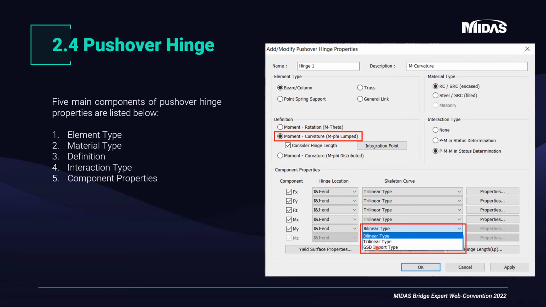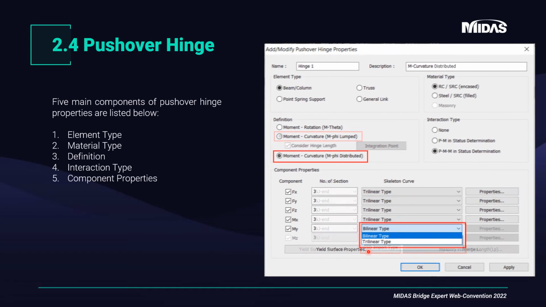We'll see how we can use Midas GSD to import the hinge properties, where we can consider the inelastic material like the confined and the unconfined concrete properties for a pier section, suppose. When we select moment curvature, we have 2 types, which are the bilinear type and the trilinear type.